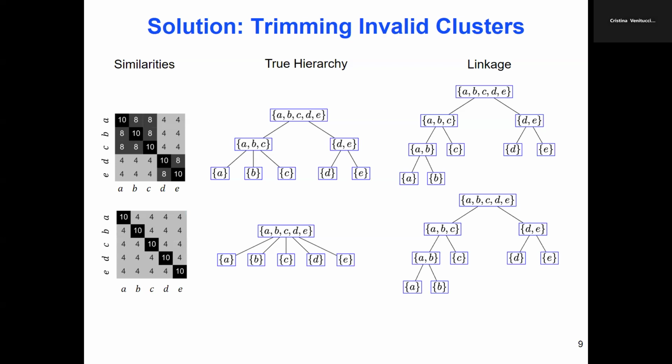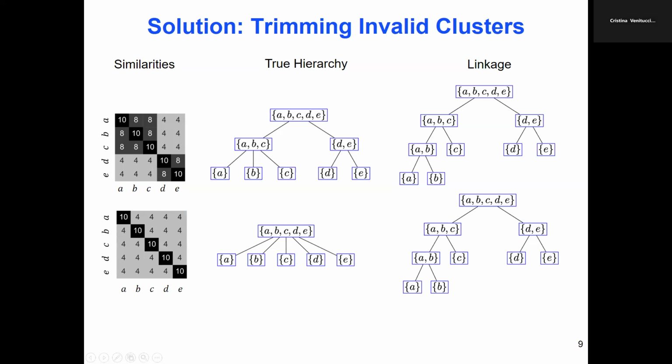Well, the solution would be to remove some of the clusters that should not be there, that are just an artifact of the binary construction. So for example, if you look at the first one, you see that on the left branch, this one, for example, AB, should not be there.